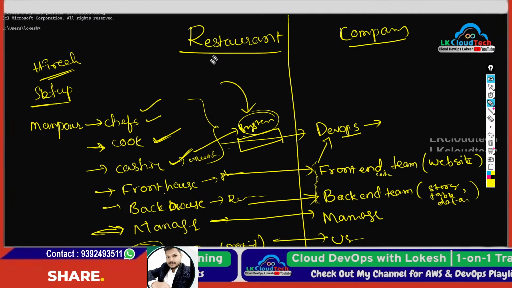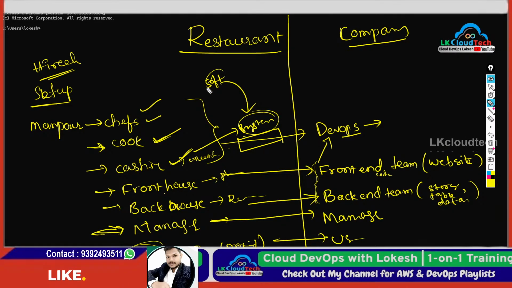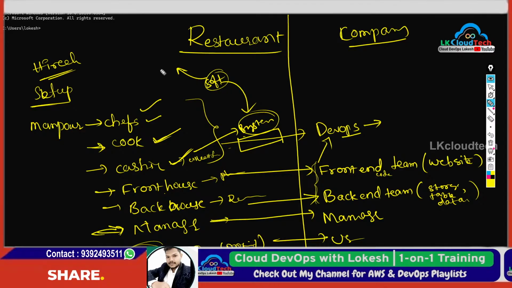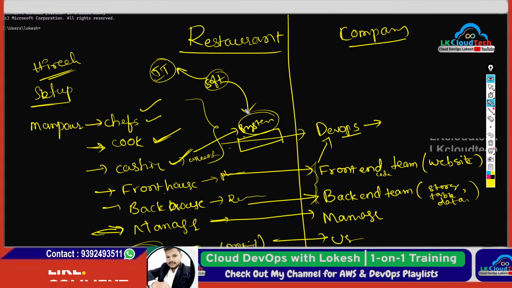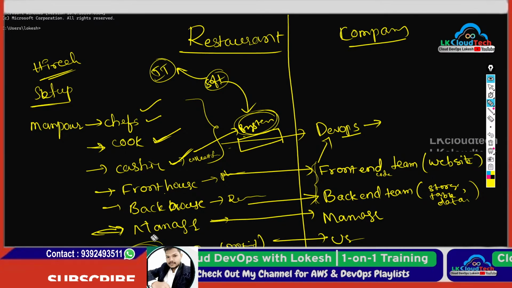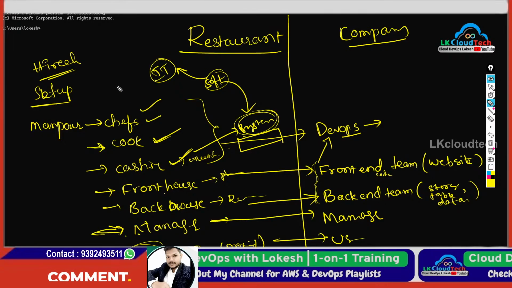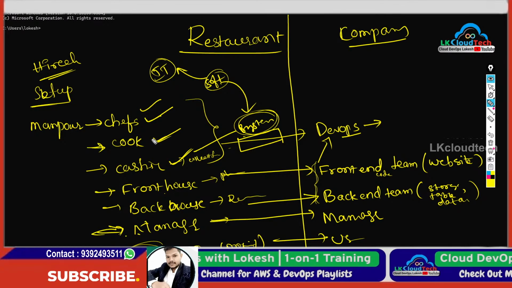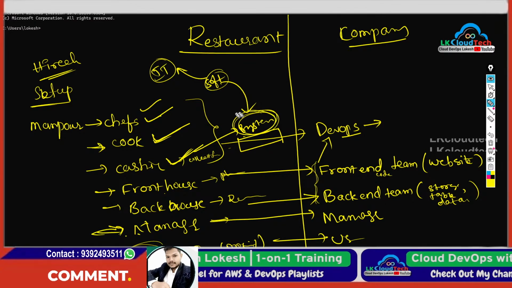The manager will ask, what happened to your software? It is not working. So he will inform the IT team, information technology. The IT team will come, check this system and take care of it, right? So the manager is taking care of these operations: what the chef has to do, how the cook is working, how the cashier is working, and how the systems are working.